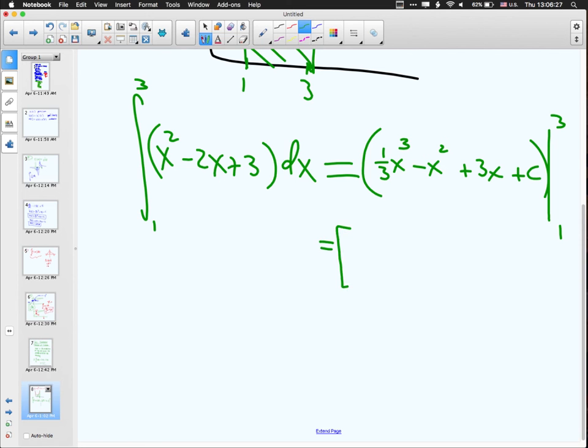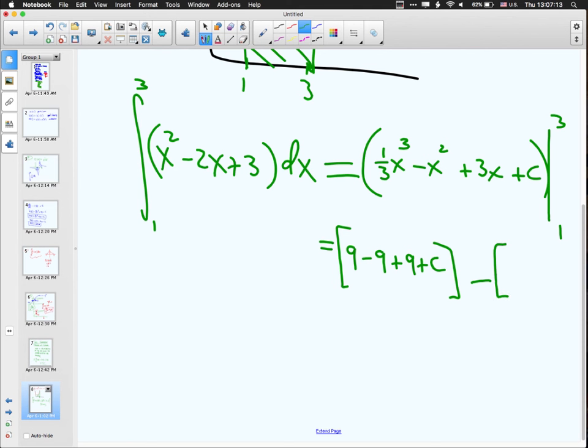Okay, first we're going to evaluate it at 3. So everywhere you see an x, stick in a 3. Oh, well, ain't that fine? And then we're going to subtract.